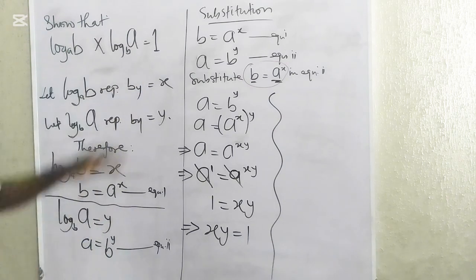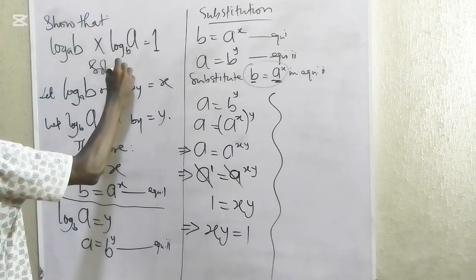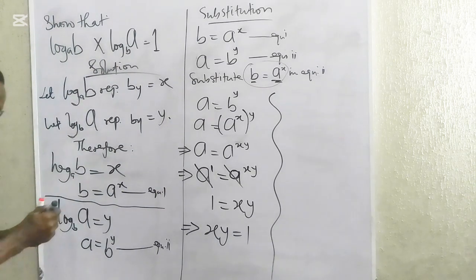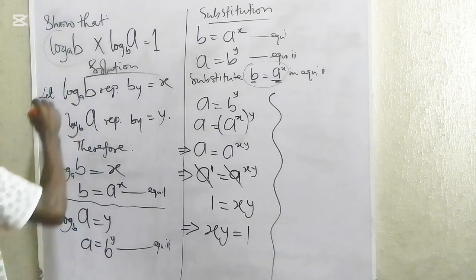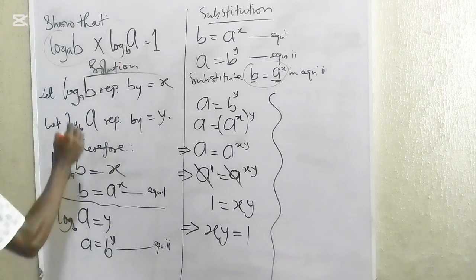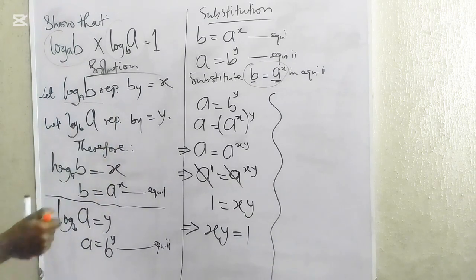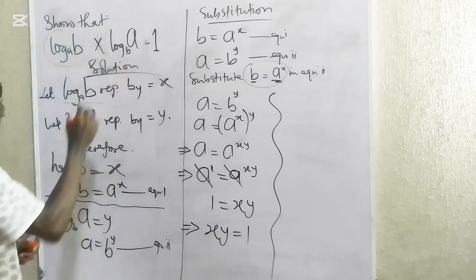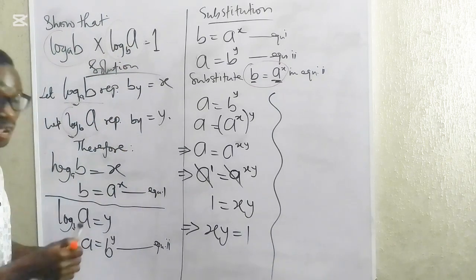Now, when we have this, the solution is simply this. This will start the solution, and then we said we'll pick each one of them. We'll pick this, and then we'll pick this, and let this be represented by an alphabet, so we choose x, and let the other be represented by an alphabet, which was y.